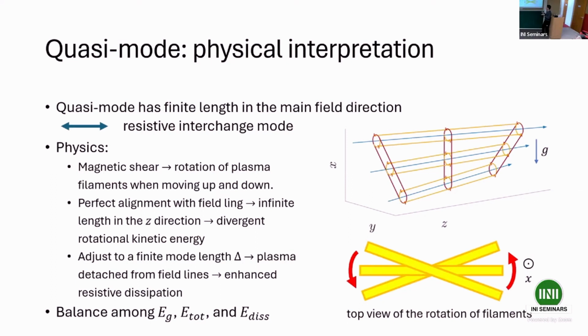So finally, the mode length along the mean field line is determined by the balance among the gravitational potential energy released by the plasma motion, the rotational kinetic energy, and the dissipative energy. So this energy budget determines the mode structure and mode length.